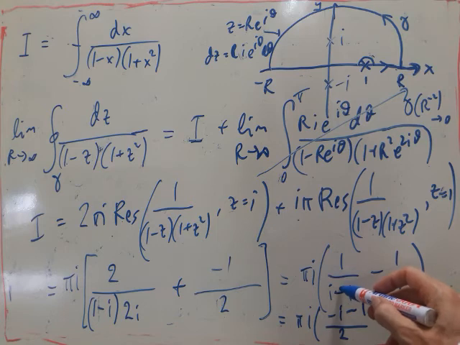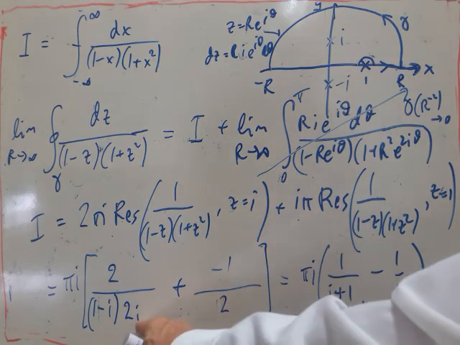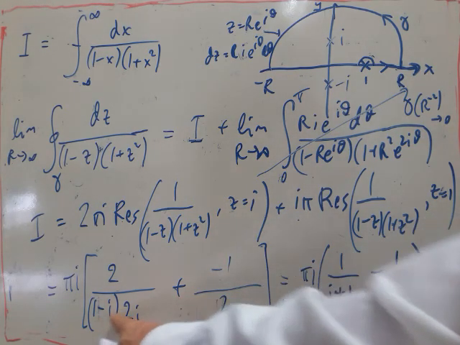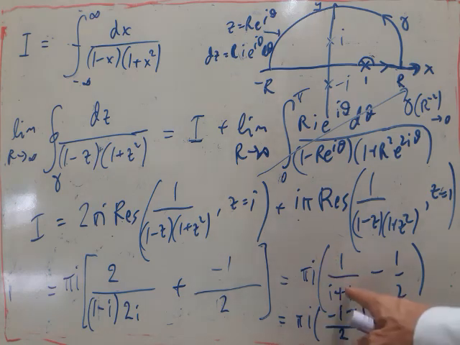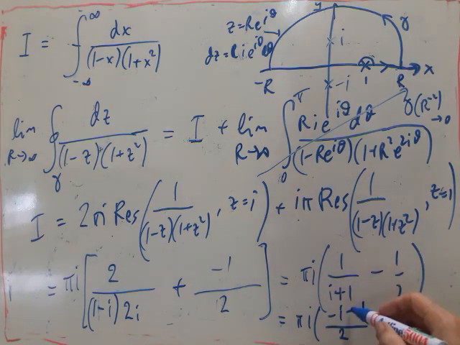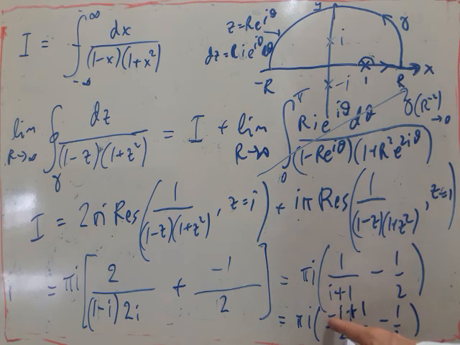Sorry, there should have been a plus here. When I multiplied by i I should have got minus i times i is plus. Okay, so I got plus 1. Then I multiplied top and bottom by minus i plus 1. That then, so this half cancels this minus half, and I've got minus i over 2 times pi i, which is pi by 2.